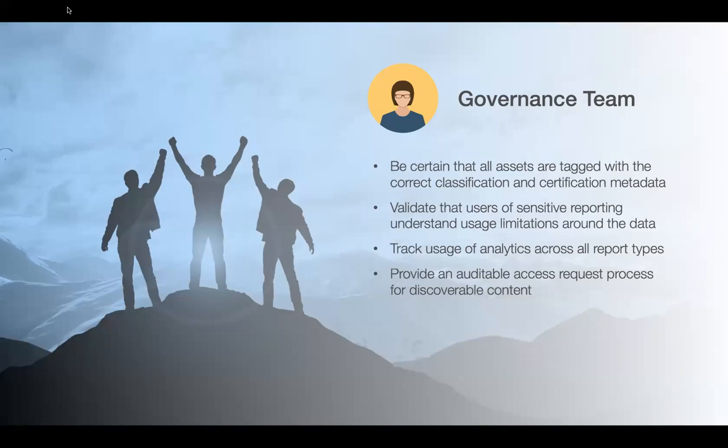Especially the sensitive content, I really want to know who's consuming that. And then from an access request perspective, having an auditable process, so that if there's a piece of content, especially one with sensitive data, and somebody wants access to it, there's an auditable, verifiable process through which they're given access, so that they can trace through and validate it retroactively.